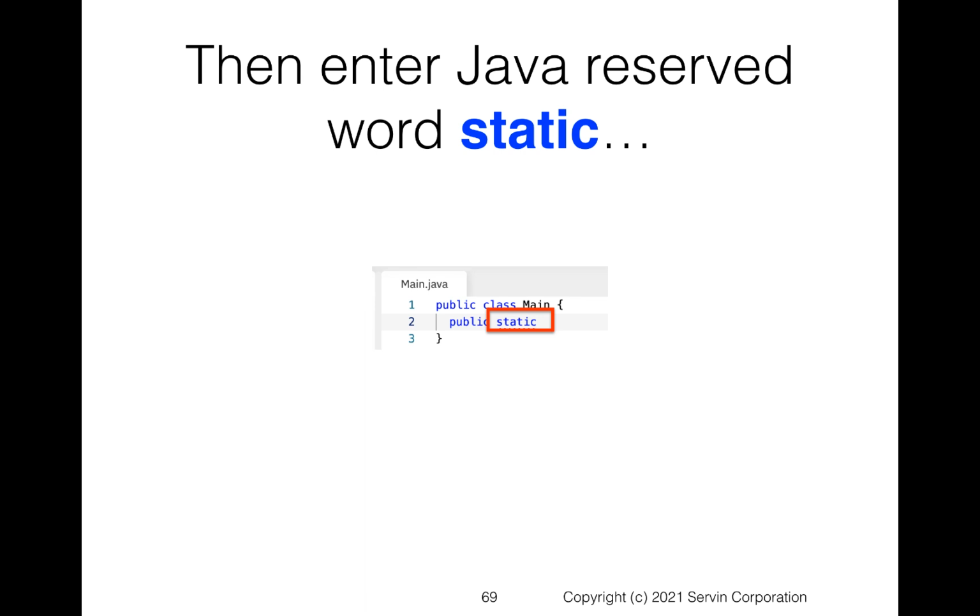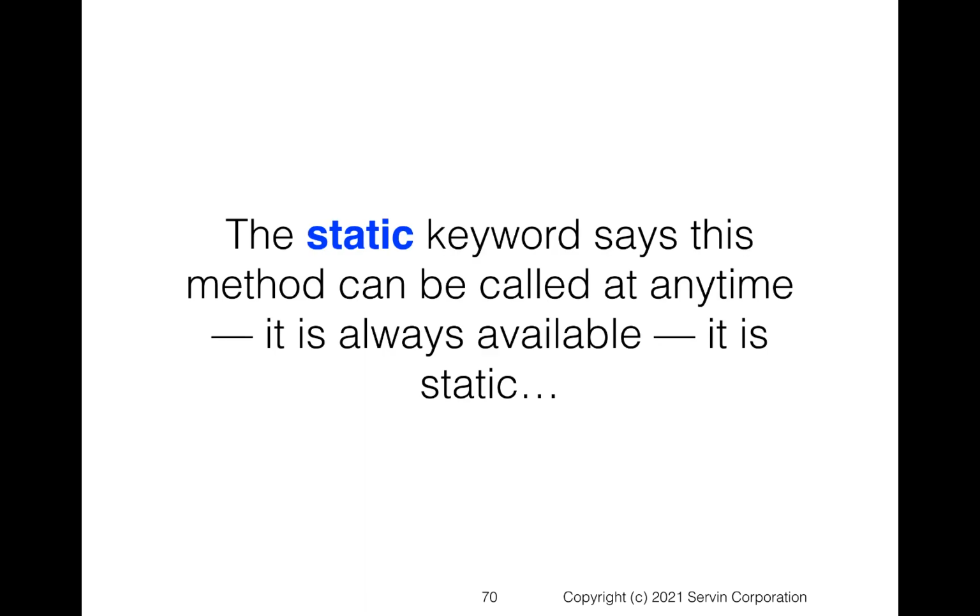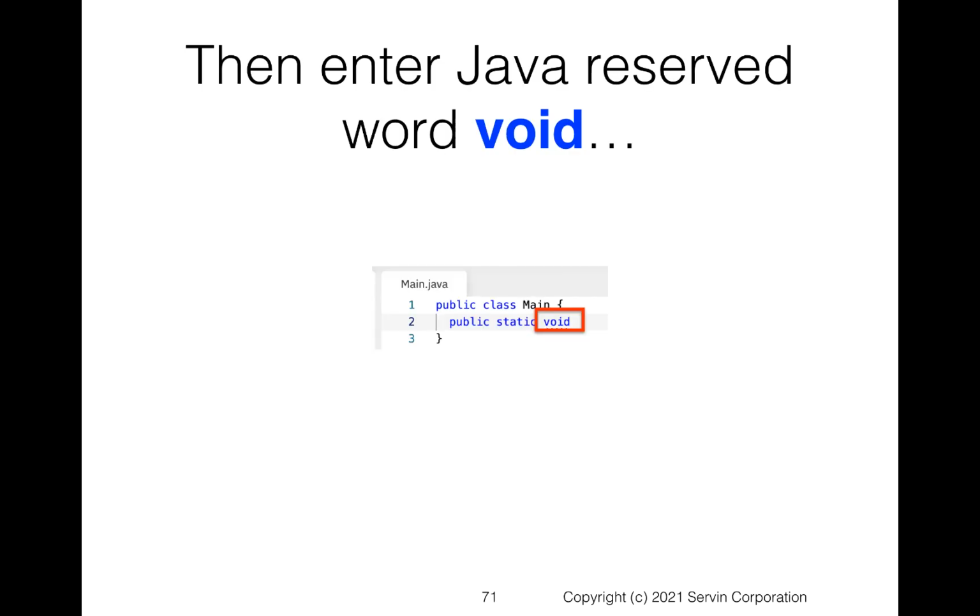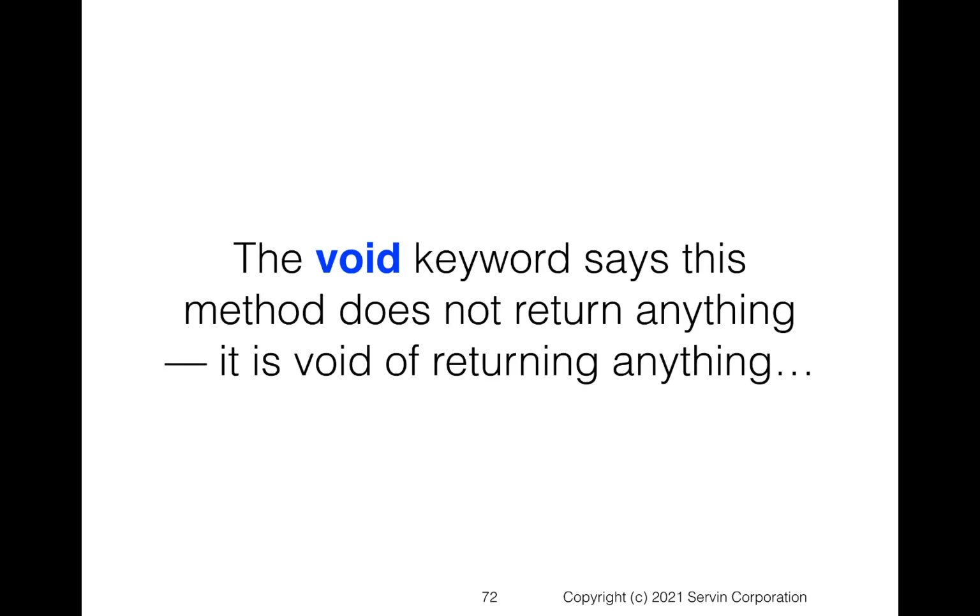Next, we're going to enter the word static. The static keyword says this method can be called at any time. It's always available. That is, it's static. Then we're going to enter the word void. The void keyword says this method does not return anything. That is, it's void of returning anything.